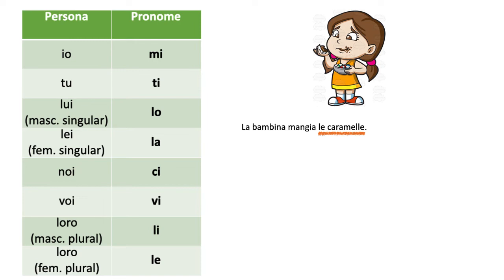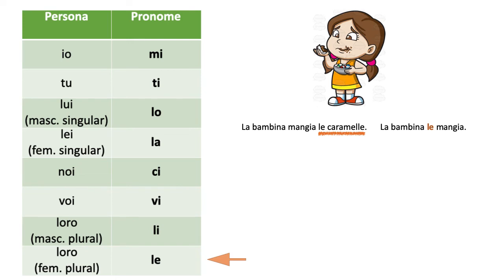That le is the definite article for feminine plural. It's the definite article for more than one female thing. Where is the feminine plural in our table? It's the last row, le. So we need to replace le caramelle with a le, but we need to put the le before the verb. The answer is la bambina le mangia. Va bene?